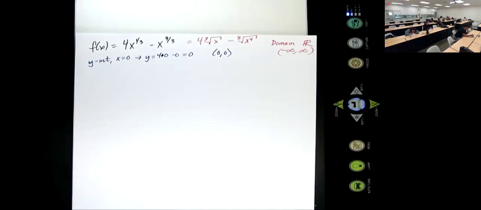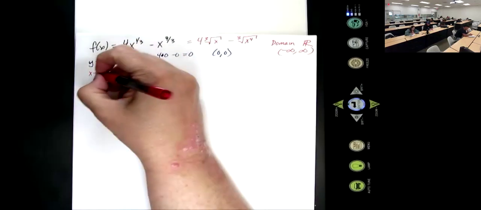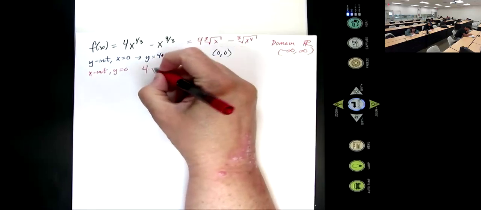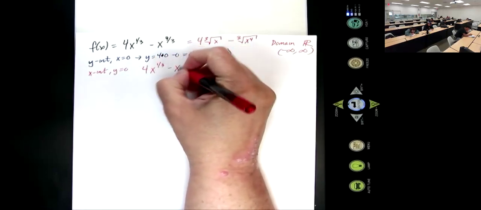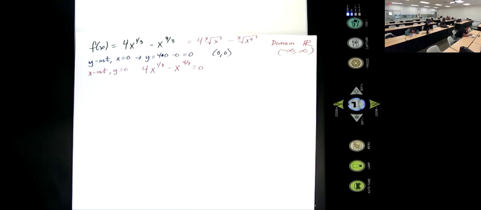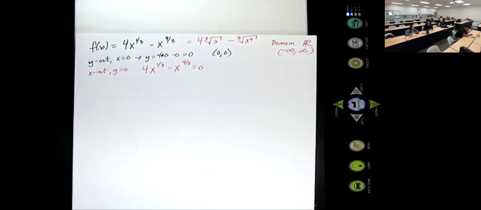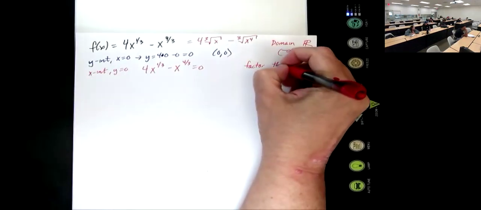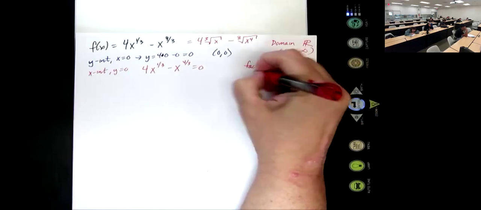And if you want the x-intercept, we need to set y equals 0. So 4 times x to the 1/3 minus x to the 4/3 equals 0. It might have been a while since you've done this, but when you have fractional exponents, there's a variable in all the terms that we can factor out: the lowest exponent, if it's present in all of them.